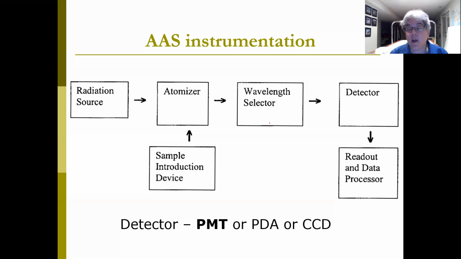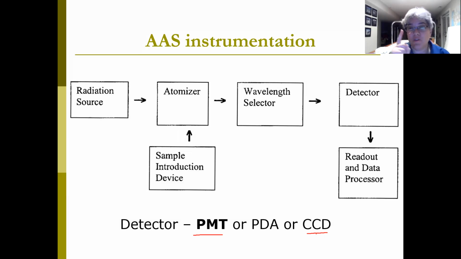That's going to be a good quality monochromator. The detector, we're measuring very low concentrations. So the detector needs to be very sensitive. So again, most common is going to be PMT. You could use a CCD, but again, this is much more expensive.